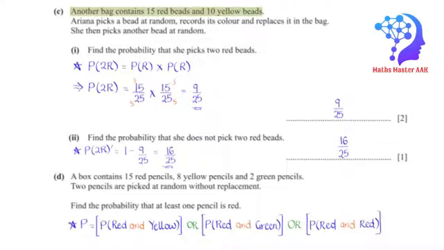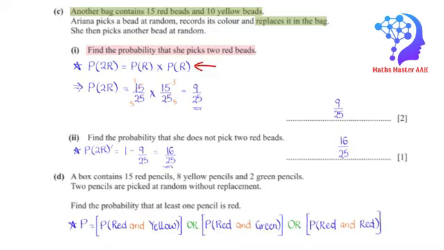Another bag contains 15 red beads and 10 yellow beads. Ariana picks a bead at random, records its color, and replaces it in the bag. She then picks another bead at random. Find the probability that she picks 2 red beads. For this probability, we have the probability that her first pick is a red bead and her second pick is also a red bead.